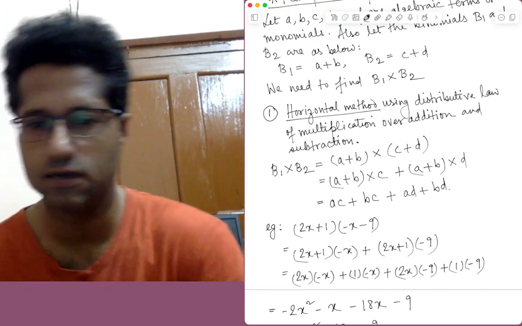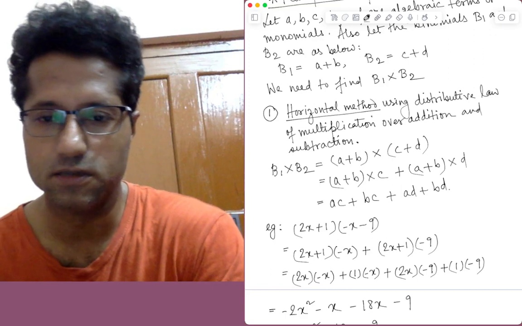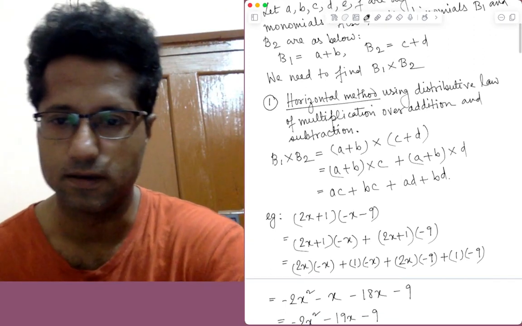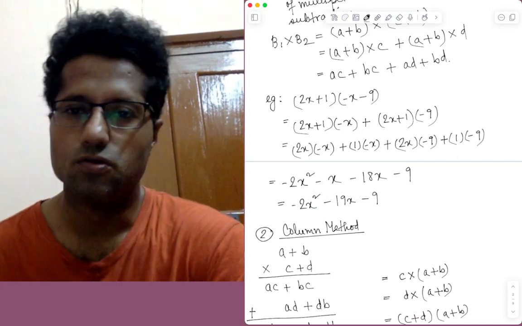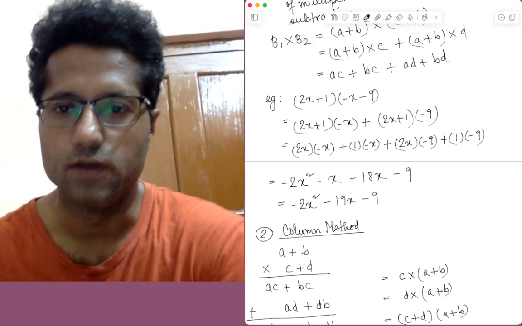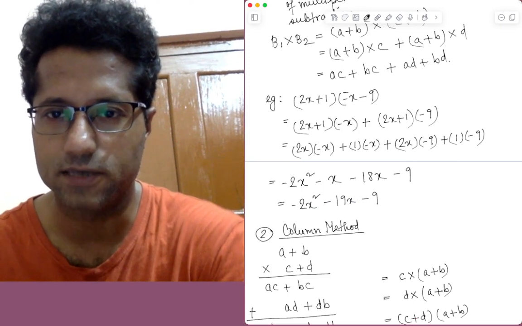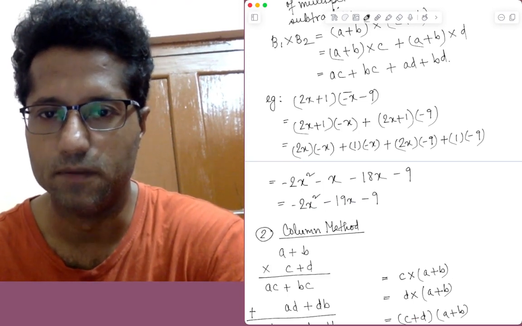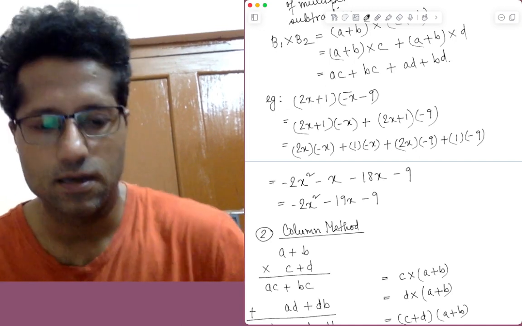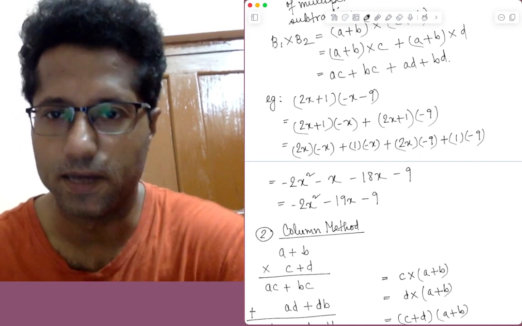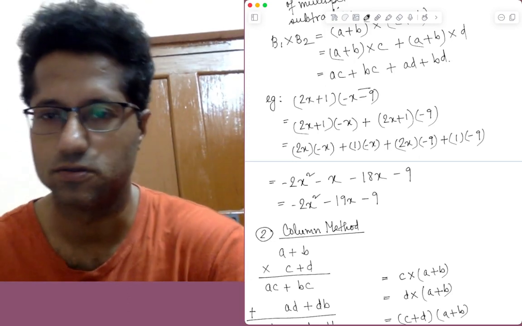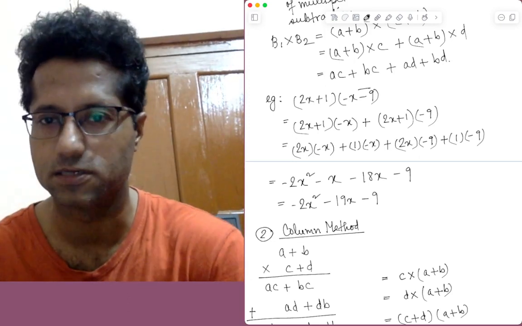For example, you see we are multiplying two binomials, 2x plus 1 and another binomial, minus x minus 9. What we are doing is first multiplying the minus x term with the binomial 2x plus 1, so that becomes 2x plus 1 multiplied by minus x, and then we are multiplying the term minus 9 with the binomial 2x plus 1, so that becomes 2x plus 1 multiplied by minus 9.